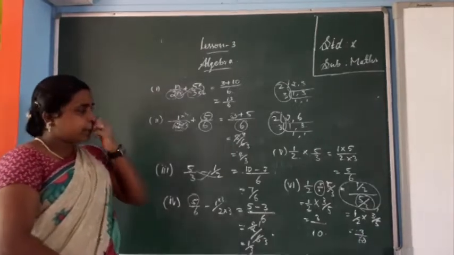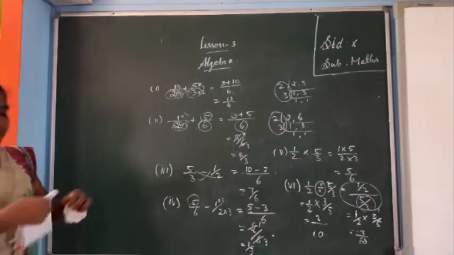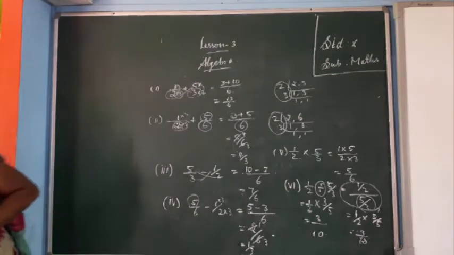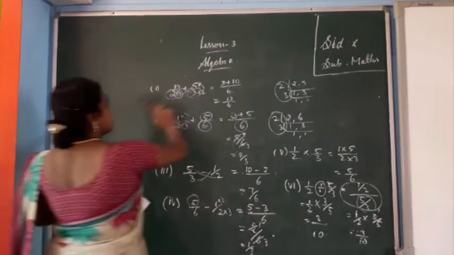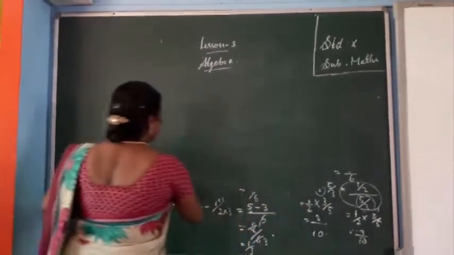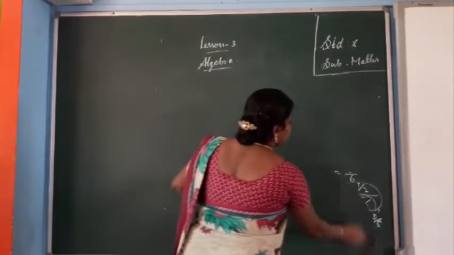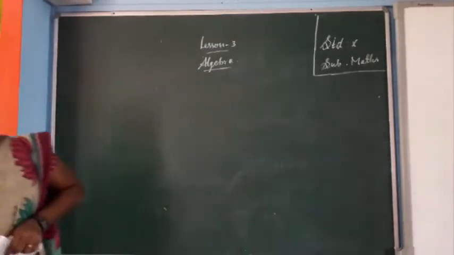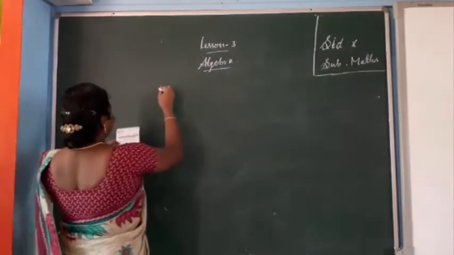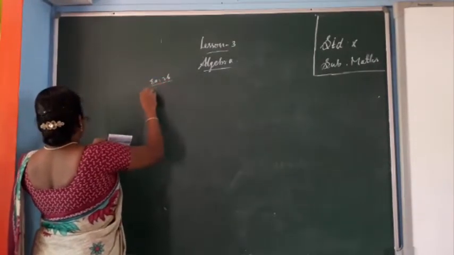Okay. So now we are going to the concept. In the last exercise 3.6, one problem is pending, so first we can see the problem. Exercise 3.6, question number 8.